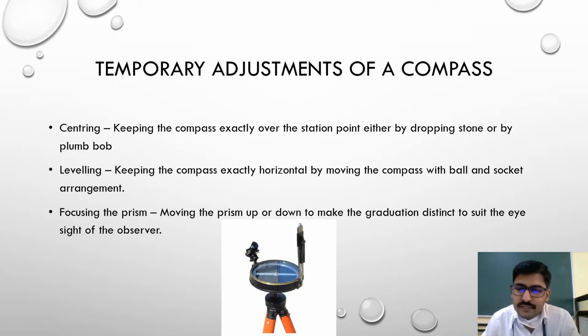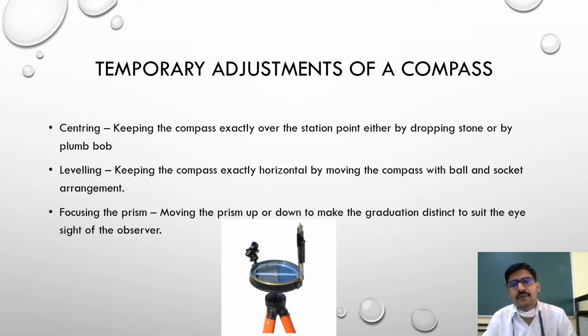For example, if I start working on a particular land or survey area with a compass, as soon as I start using it, I need to have some adjustments done prior to the work beginning. And whenever I have to move the compass from one point to another point, once again I have to carry out these adjustments.